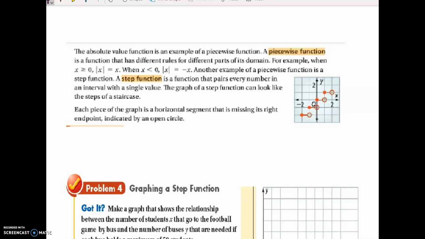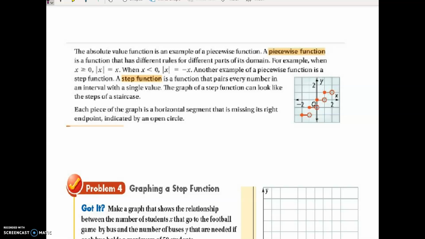So another example of a piecewise function is called a step function, and here's an example of what a step function looks like. A step function is a function that pairs every number in an interval with a single value. The graph of a step function can look like the steps of a staircase.